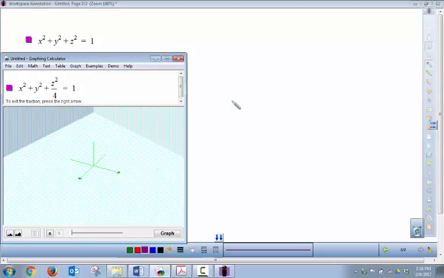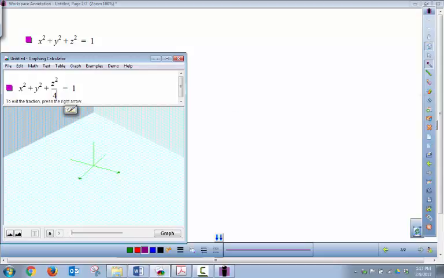Actually, before we draw it, let's think about this. If you look at it, when z equals 0, x squared plus y squared will be a circle.